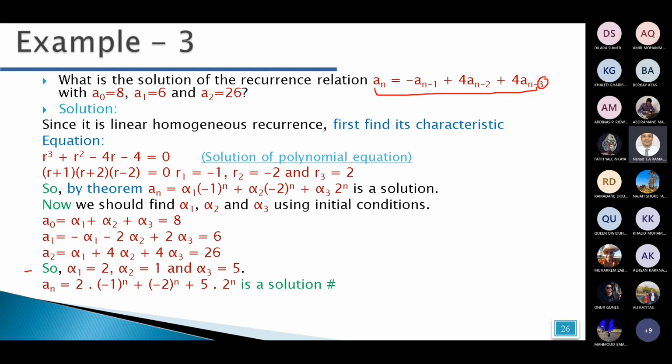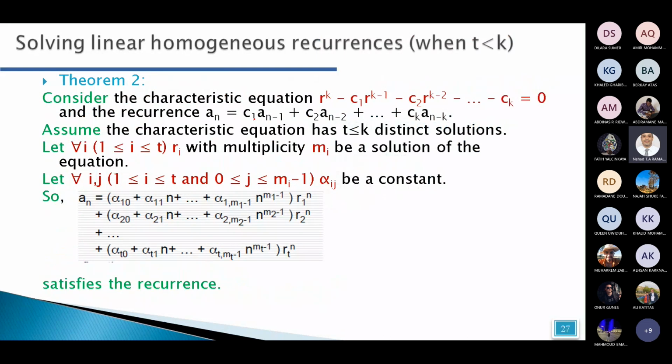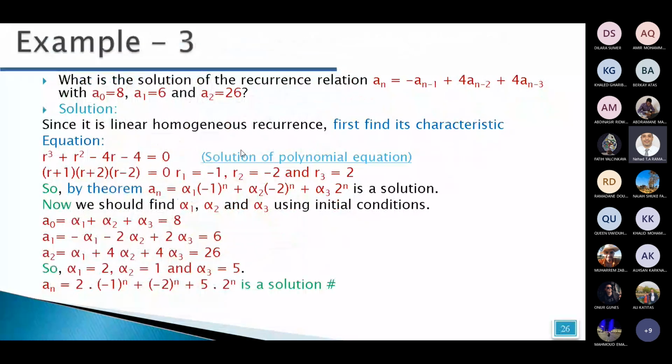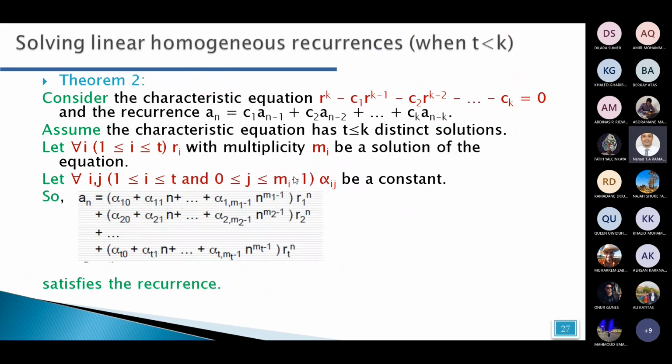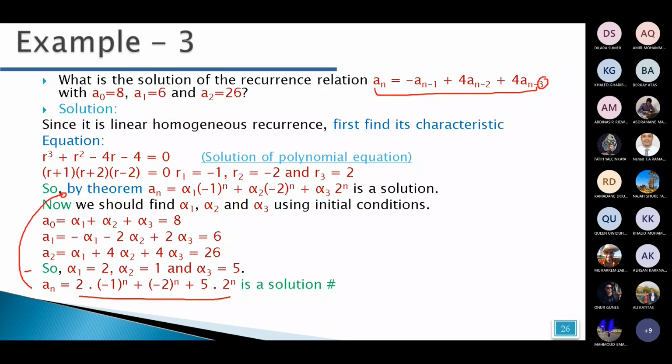So after finding alpha, you put alpha in the solution. Okay. So far we don't have a problem, because the number of terms here is equal to or more than the k of the original equation.